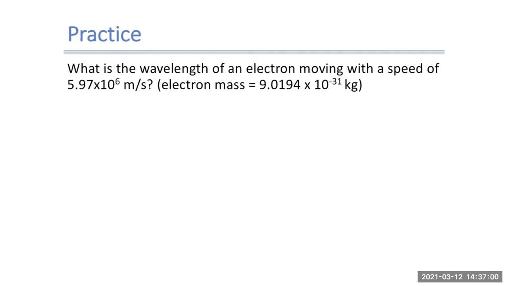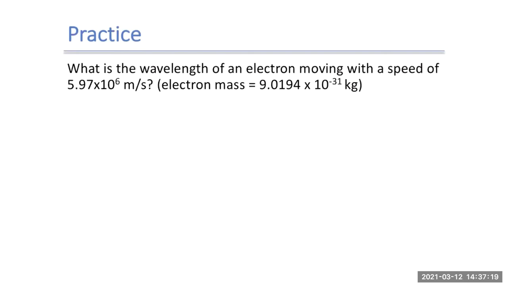Okay, so now let's practice this idea. What is the wavelength of an electron that moves at a speed of 5.97 times 10 to the 6 meters per second? And the mass of the electron is 9.0194 times 10 to the negative 31st kilograms.